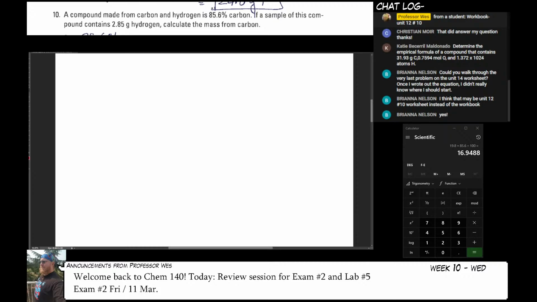All right, so determine the empirical formula of a compound that contains this mass of carbon, this number of moles of oxygen, and this many atoms of hydrogen. Who would give you this problem? Who did this to you? This is what I call a Samita problem, because Samita likes to give the units in as obnoxious a way as possible.